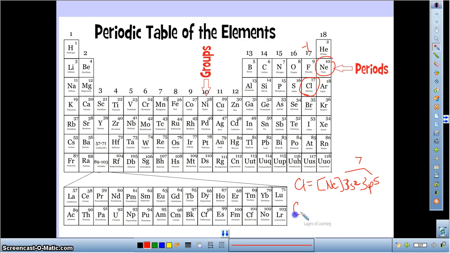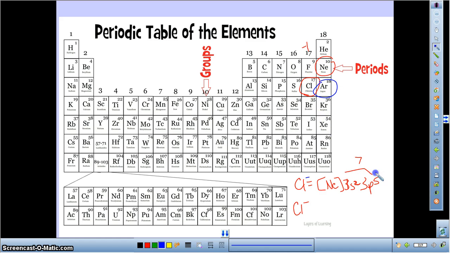So if I wanted to know the electron configuration for the chloride ion, if I added an electron to this, what would happen? Let's just use a different color, maybe that'll help. If we were going to gain an electron and become negative, this would become 3p6, like argon.